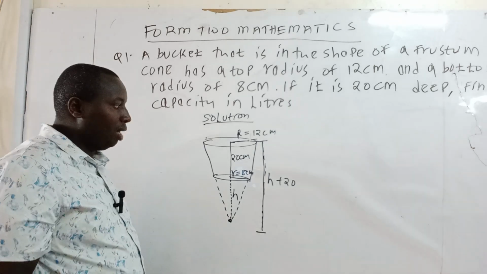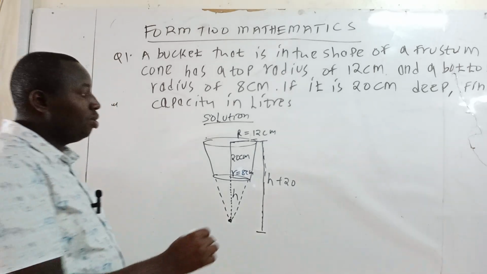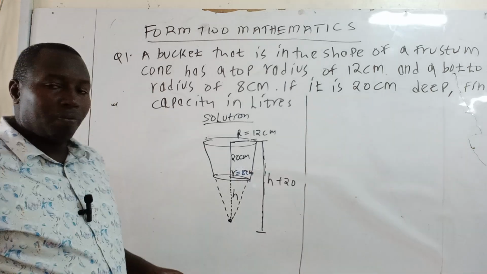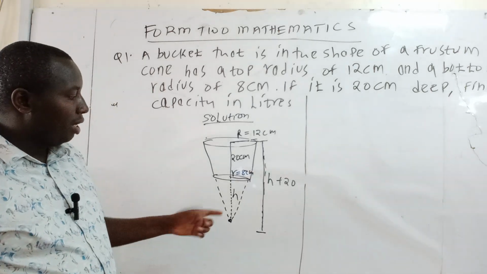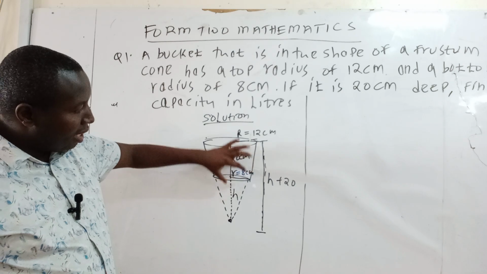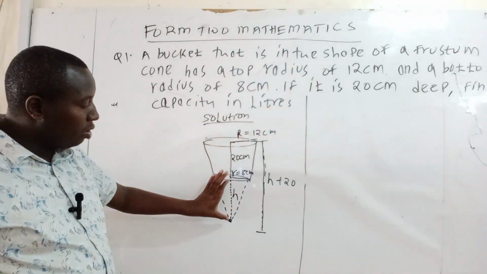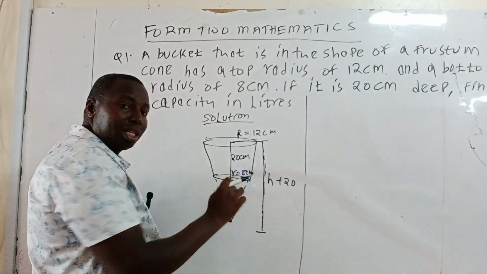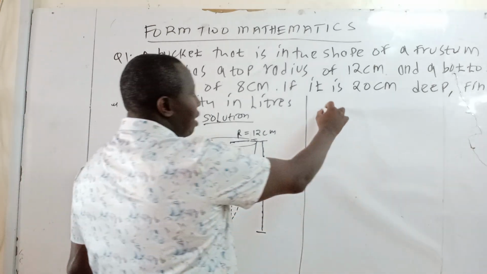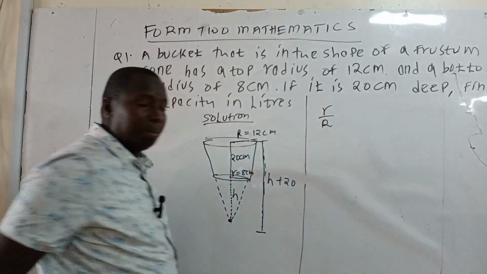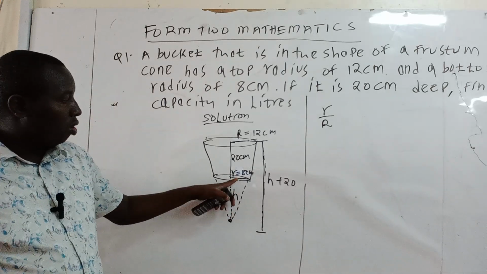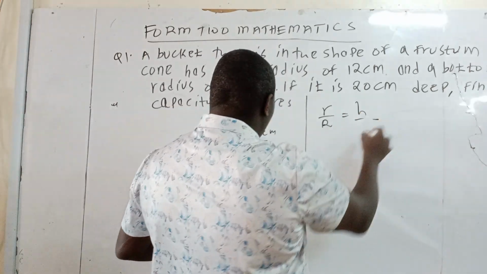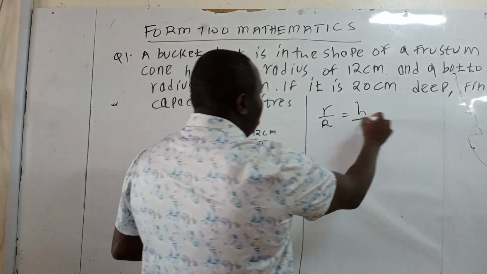From there, the next step, you are supposed to use similarity. Similarity in Form 2, where you compare the radius of the small cone and the radius of the big cone, or the height of the small cone and the height of the big cone. To get the height of the cone that has been cut, take r over R, the radius of the small cone over the big cone, equal to the height of the small cone, h, all over h plus 20.